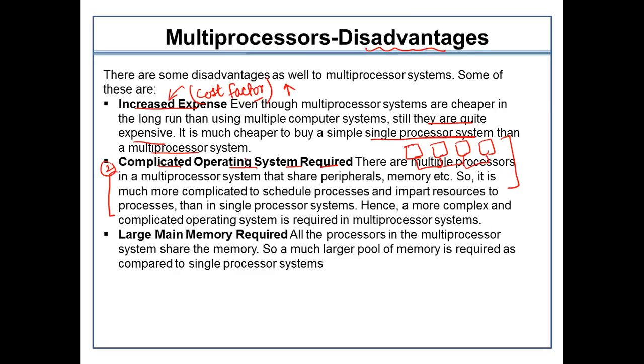Ultimately, the software required to operate such machines would also be highly complex. So a more complicated operating system is required in multiprocessor systems. This is another disadvantage. Not everyone could understand such operating systems and how to work on them, so you need some specialized training to use such machines. Then there is a third point: large main memory required.